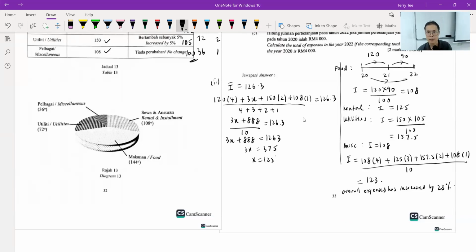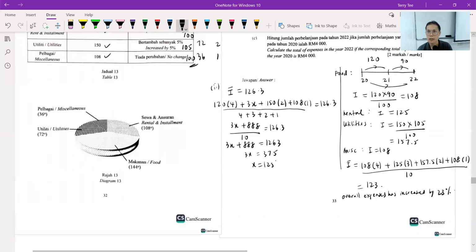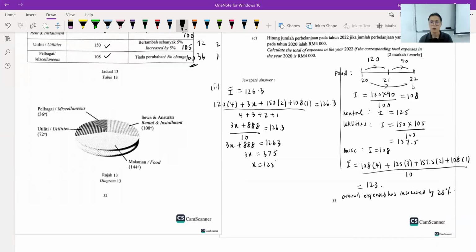Okay, lastly, part C. It is given that the expenses in 2020 are 4,000, and we calculate the total expenses in 2022. Price in 2022, I don't know. Price in 2020 is 4,000.